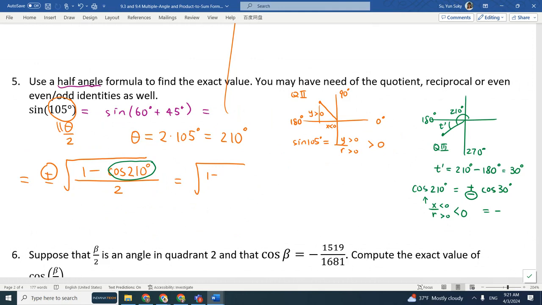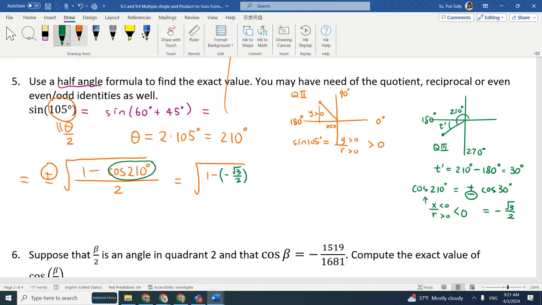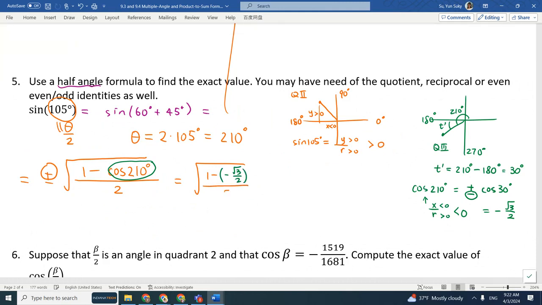Now do you know what cosine of 30 degrees is? Root 3 over 2. Good. So now we have cosine of 210 is negative root 3 over 2, and then all over 2.